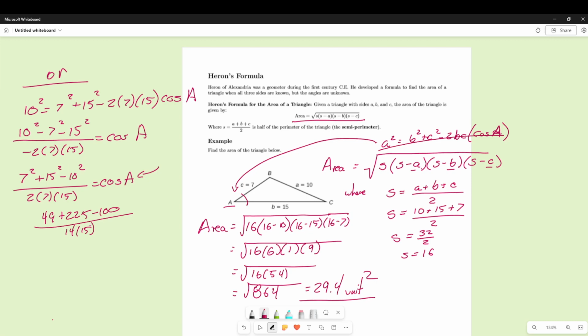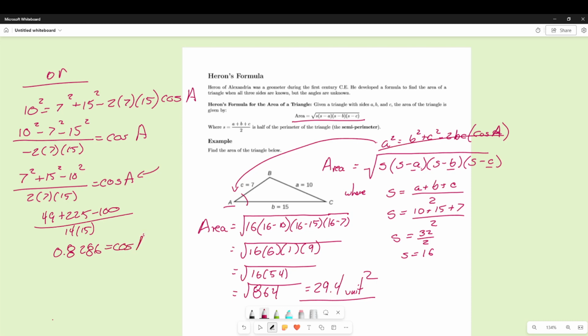Get that value, divide that value by the product of 14 times 15, and that's going to turn into a nice 0.8286. I'm going to keep some decimals here just to be a little more precise.